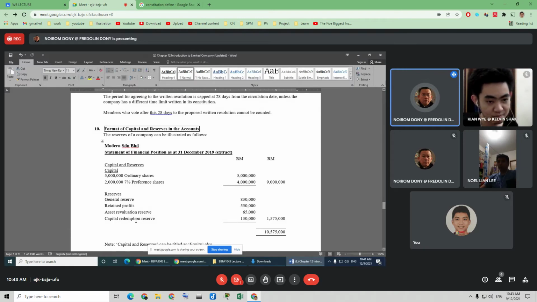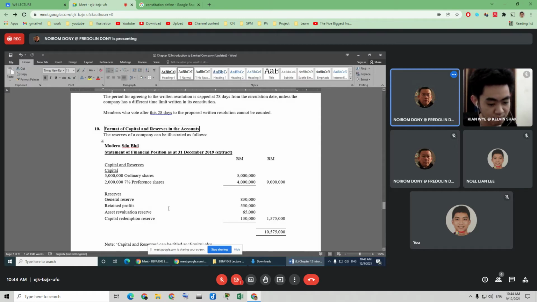Now, capital redemption reserve is the reserve to be used to redeem the preference shares and redeem the debentures. So we call it capital redemption reserve.